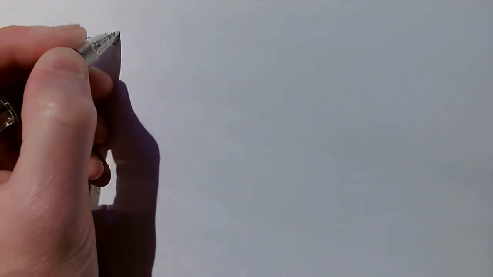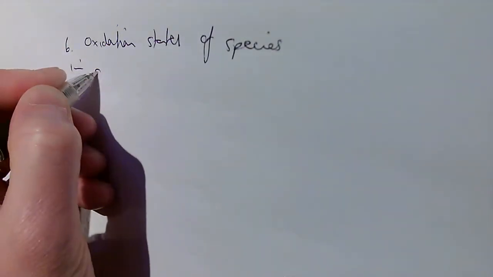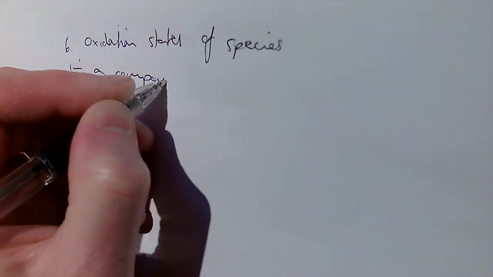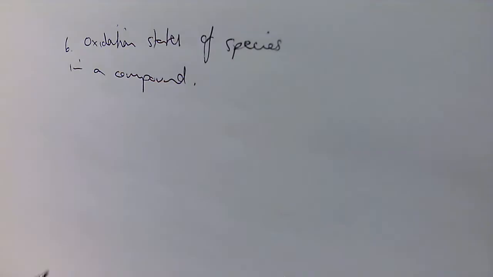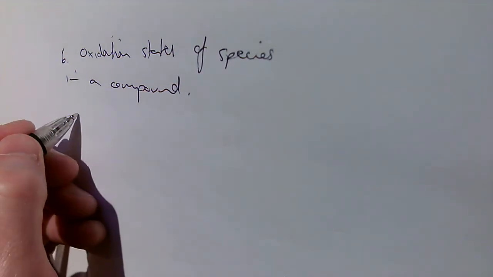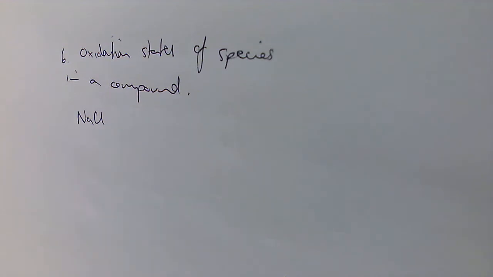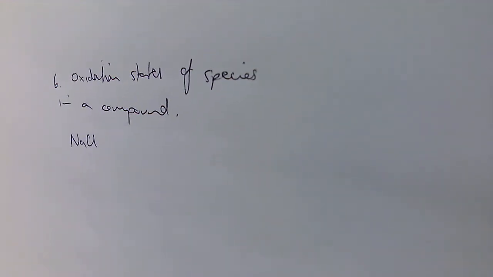Okay, number 6 then. Let's have a look at oxidation states of species in a compound. Really, if you know your ions, then this is pretty straightforward. If I take something like the sodium chloride compound, it's got a nice lattice structure made of sodium ions and chloride ions.